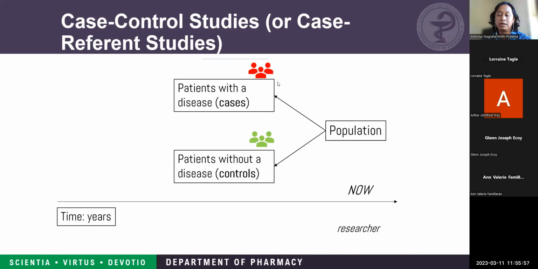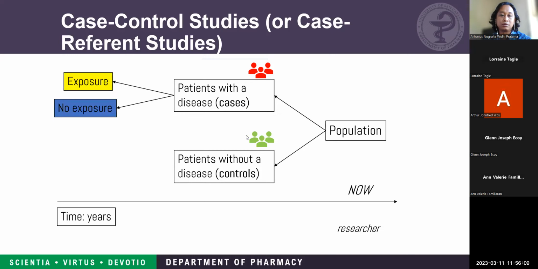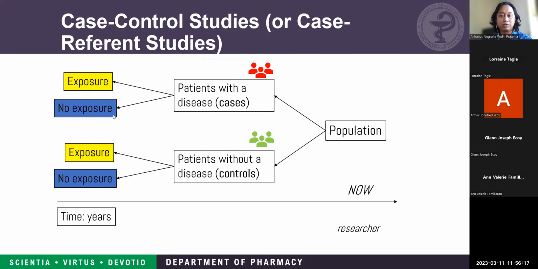Then we group the cases in one group, and then we have the controls from the same population, and we trace back whether they have exposure or no exposure. This is for a single factor. The exposure can be different in one case control study.